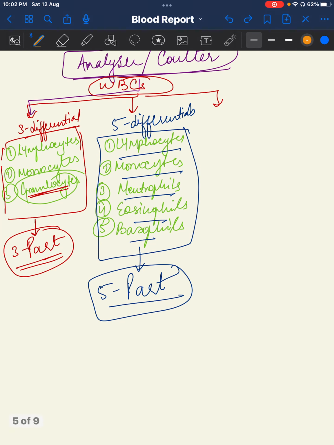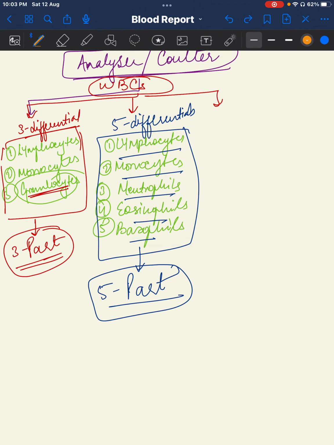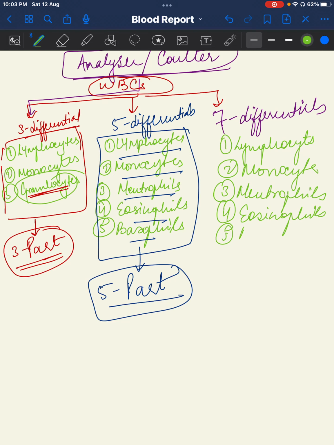Clear? Now, if your machine gives you data about seven differentials, as I just showed you, it will tell you about lymphocyte, it will tell you about monocyte, it will tell you about neutrophils, eosinophils, and basophils.